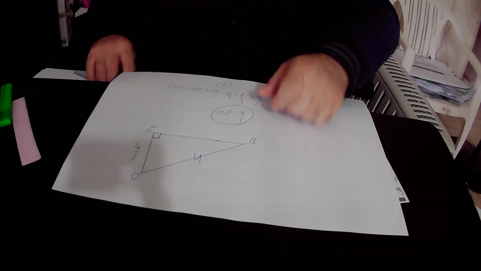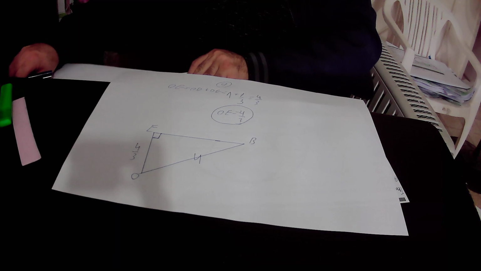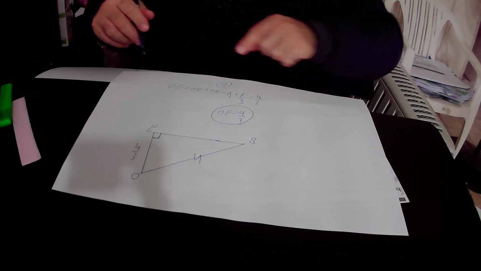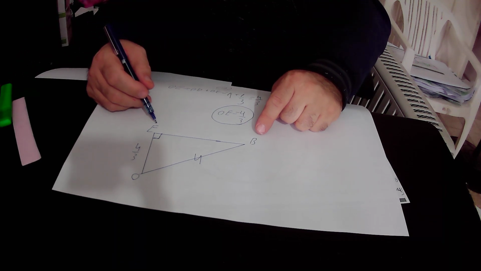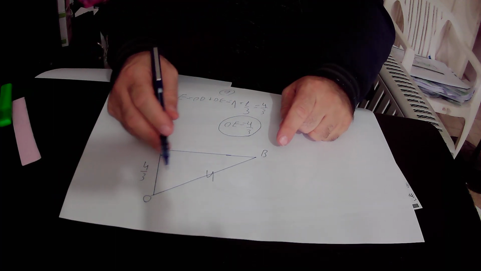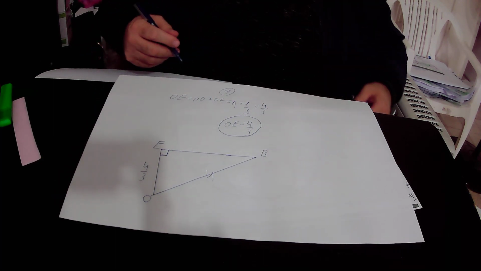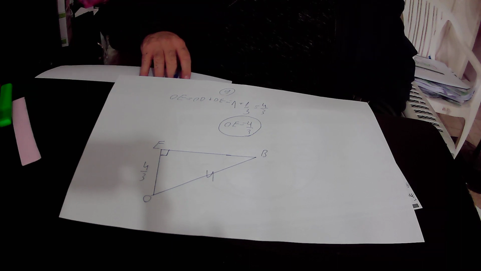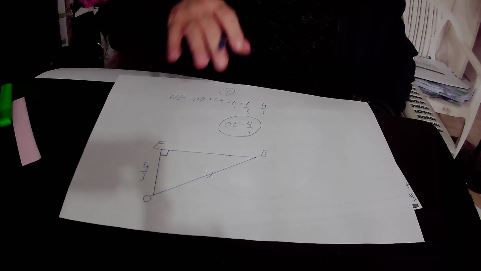According to the Pythagoras theorem, the sum of the squares of the perpendiculars equals the square of the hypotenuse.